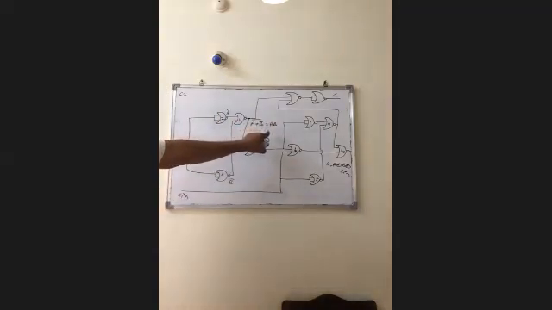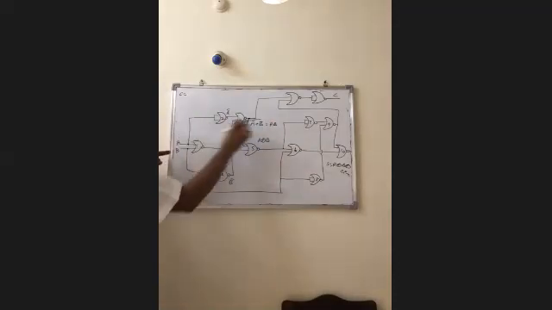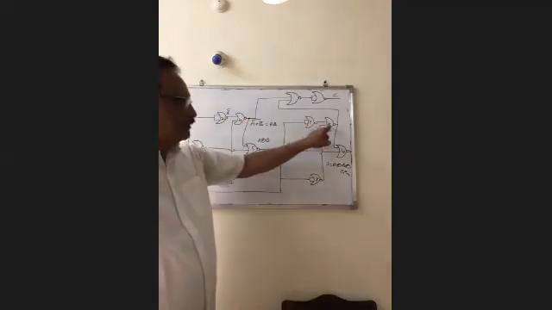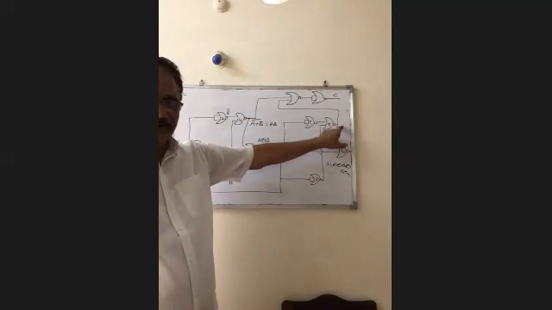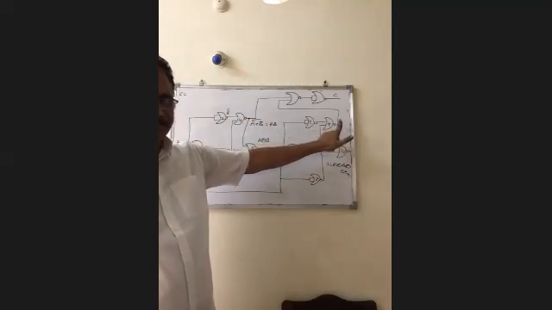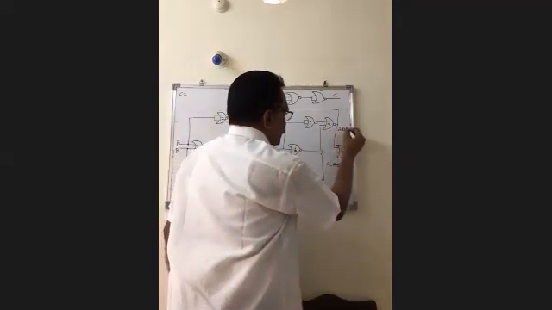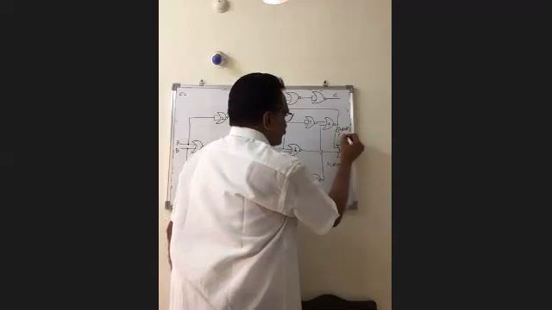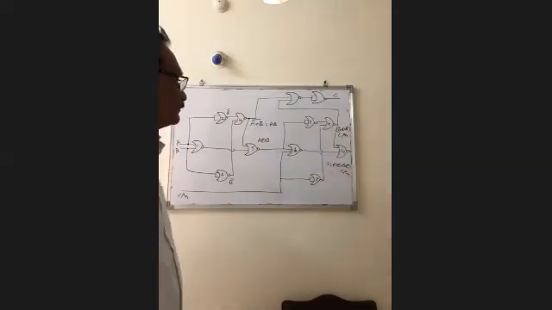For this two input exclusive OR gate, the inputs are A and B, so NOR gate 4 output is equal to A into B. Similarly, NOR gate 9 output is the product of its two inputs: A exclusive OR B multiplied by Cin is the output of NOR gate 9.